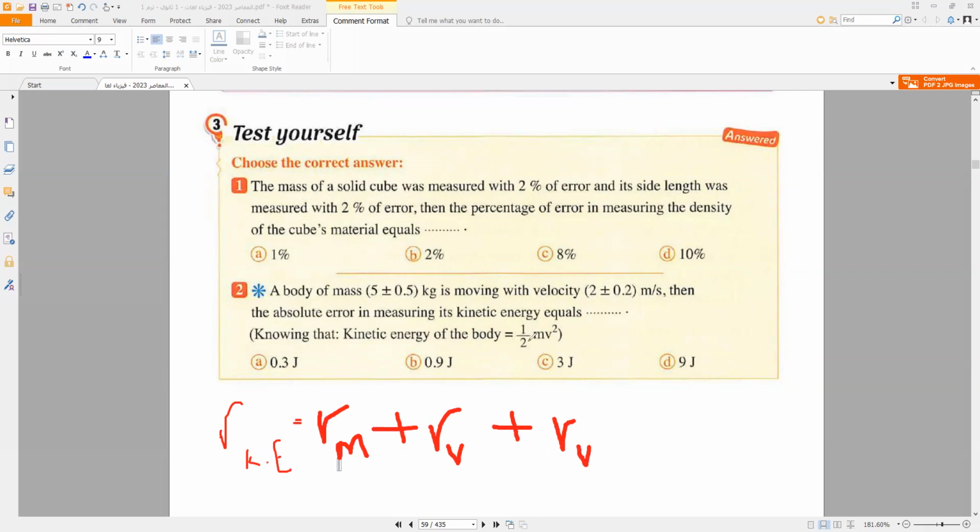Kinetic energy equals half mass times velocity power 2; half doesn't have any error, so it is the relative error of mass and velocity power 2, which is V plus V. The relative error of mass equals 0.5 over 5. The relative error of velocity is 0.2 over 2.